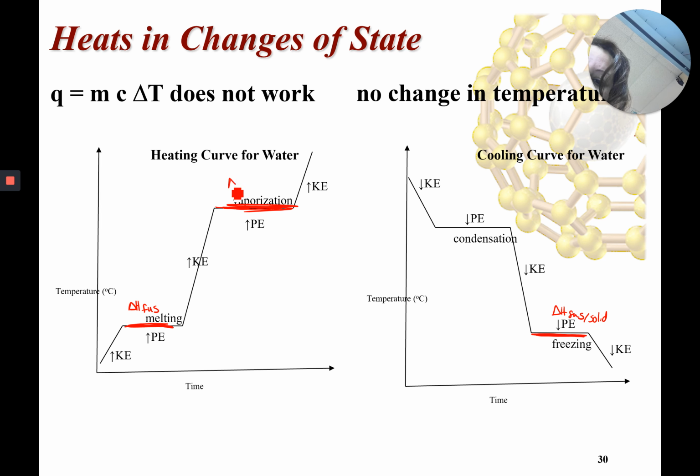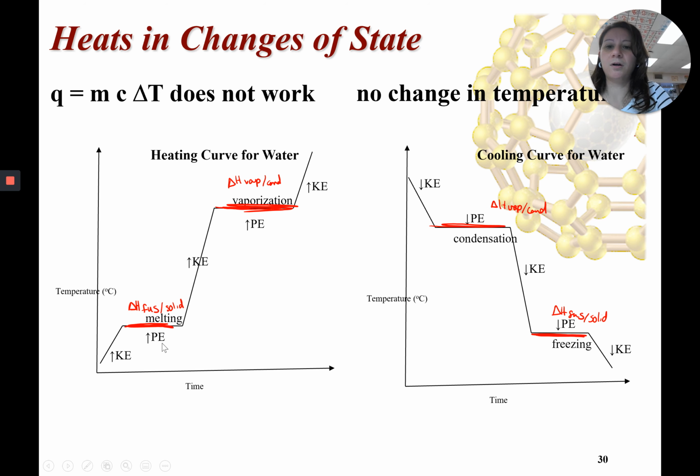Same thing here, you're going to use molar heat of vaporization or condensation. And along these lines, you're going to use these molar heats of fusion, condensation, vaporization, or solidification.